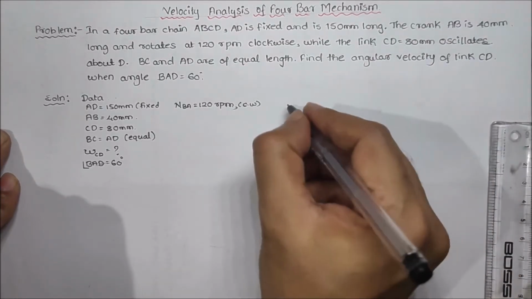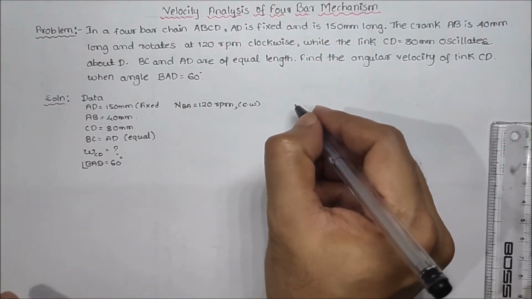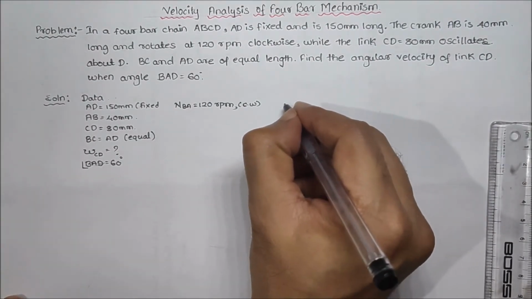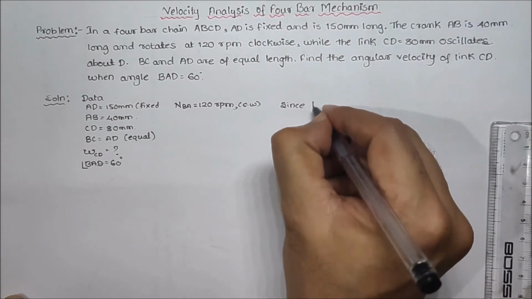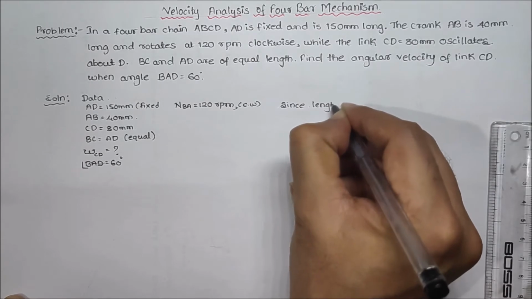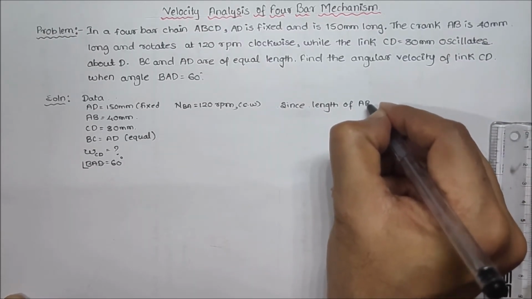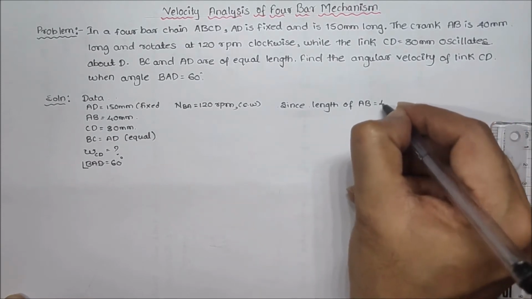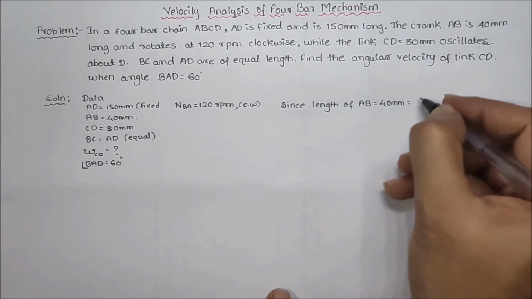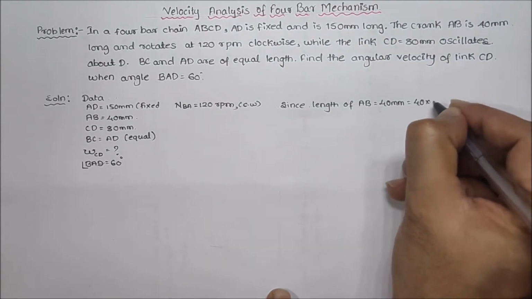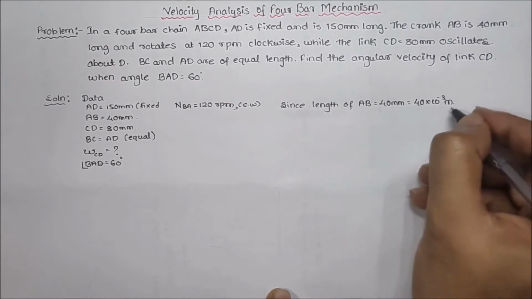Next, since length of AB equal to 40 mm, we need to convert this into meter, that is 40 into 10 to the power minus 3 meter given.